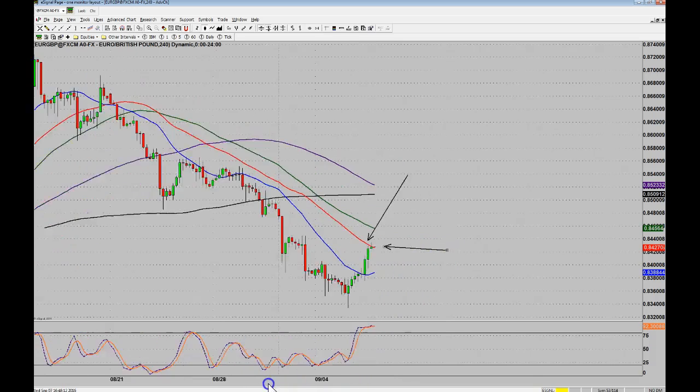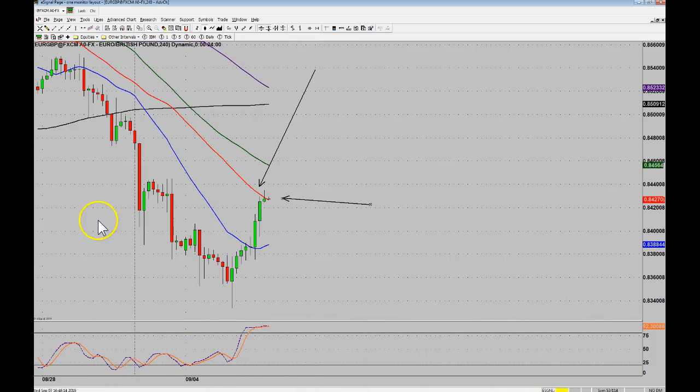Now, why is it pausing? There's a few reasons. Number one, you have the moving average. But number two, you've got this right here. Price really did try to go higher right there. But it didn't. For whatever reason, it just did not.